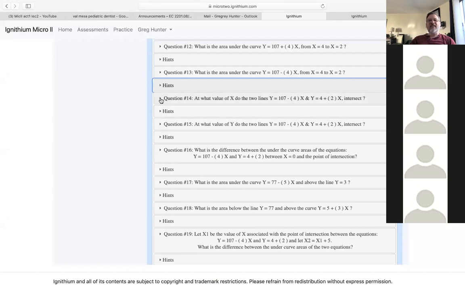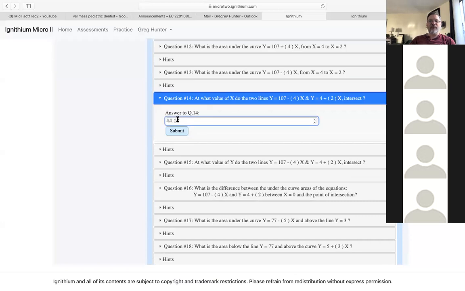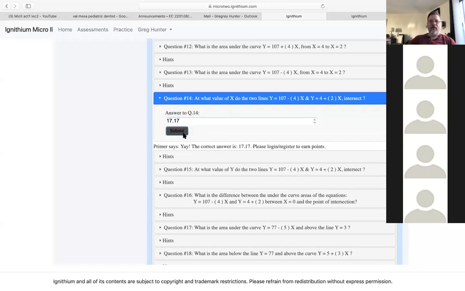Well, let's see first if Ignithium agrees. Abigail, you got 17.17, I guess, if you're rounding to two. Yeah, that's what I got. Yay! And look at that, right on. This is what you're always looking for.